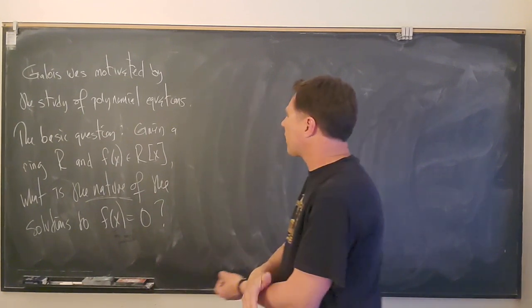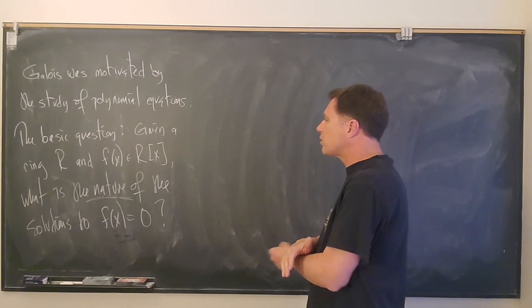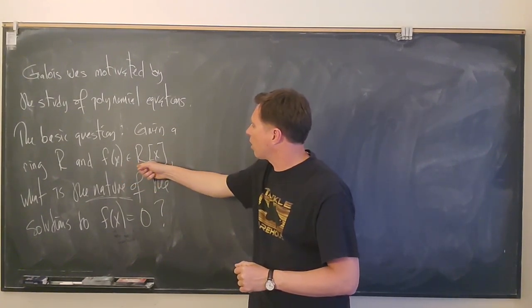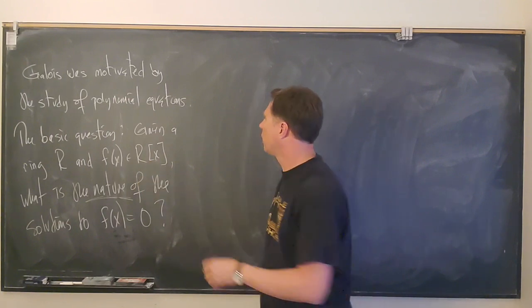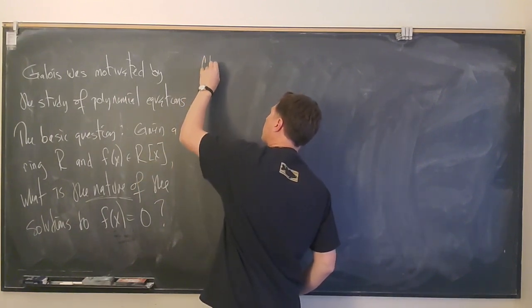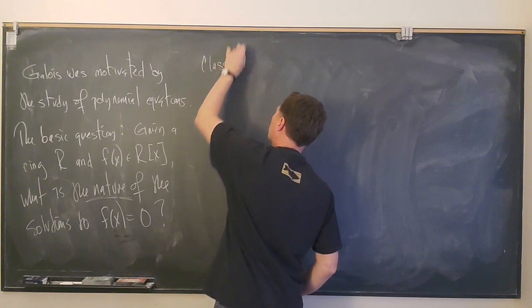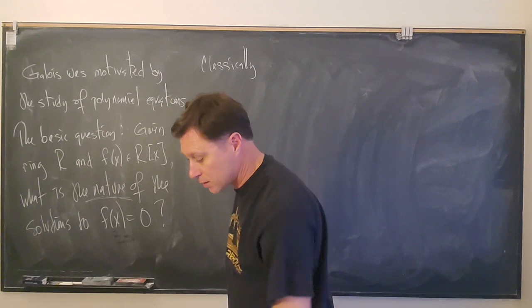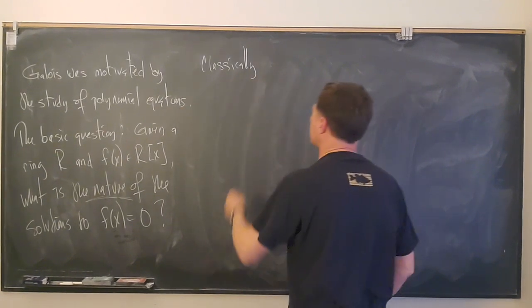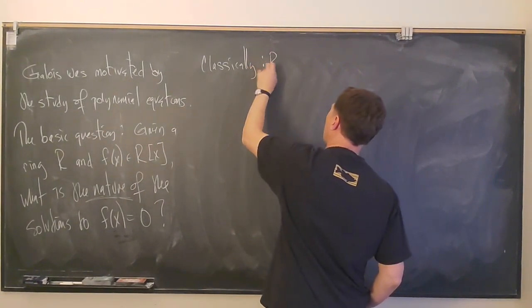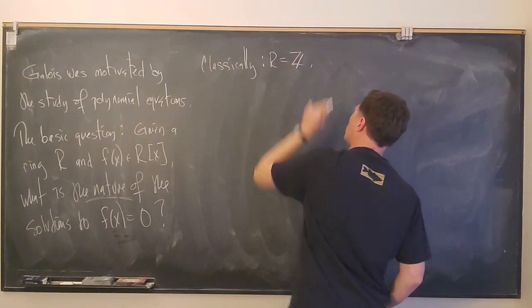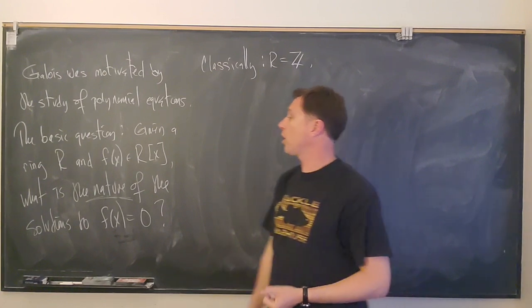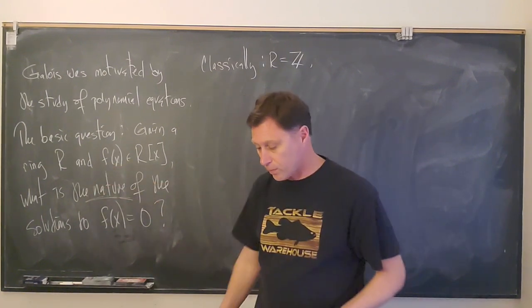Now, the classical question, when they originally started studying this way back, going back even to the Greeks, the interest was when the ring of coefficients was Z. So studying polynomials whose coefficients were integers.